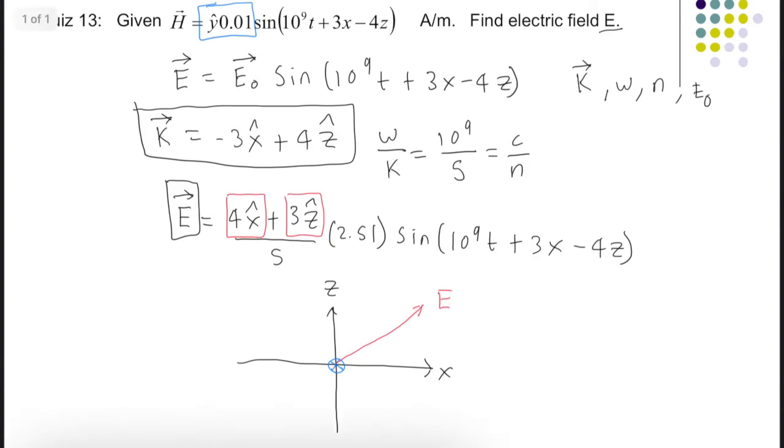So our H field is into the page. And lastly, we can look at K, which is the direction of propagation. So what we have for our K vector here is negative 3x plus 4z. So that puts us in the second quadrant, negative x and positive z. So this will be K, our direction of propagation for the wave.